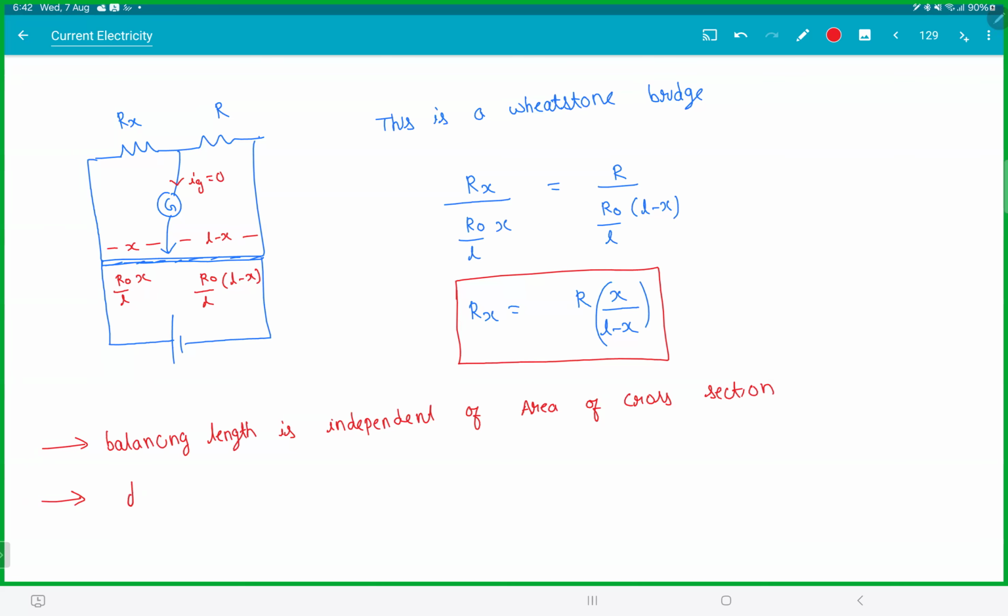Second, if the length of the wire is large, the value is more sensitive. You'll get more decimals.